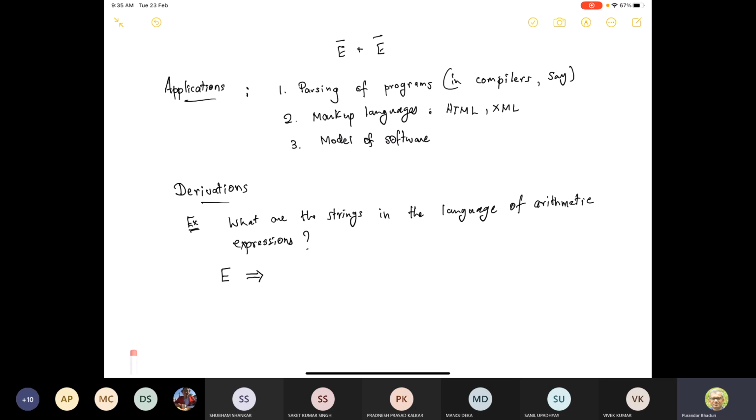We say that E derives the string E star E, right, in one step. And this itself, by rewriting the right E, by using an appropriate production, we can go on rewriting like this.